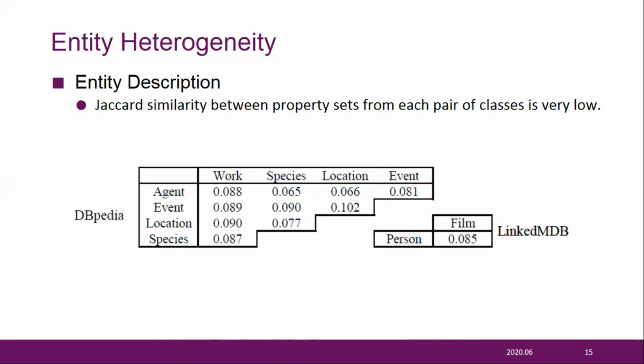You can see all these values are very low, showing the heterogeneity of anti-descriptions. And such heterogeneous anti-descriptions help to assess the generalizability of an anti-summarizer.